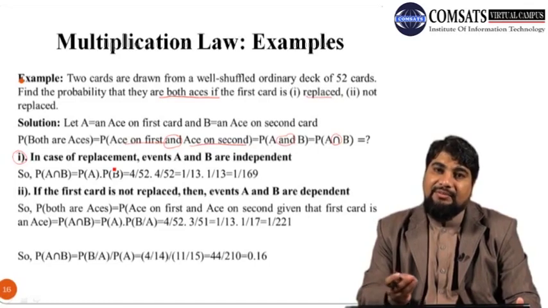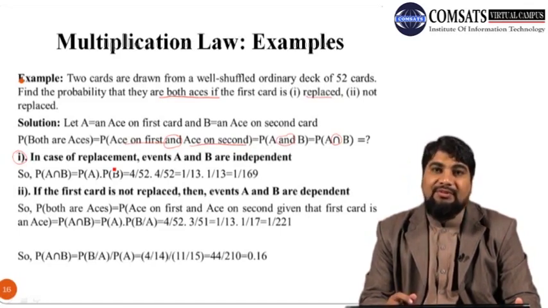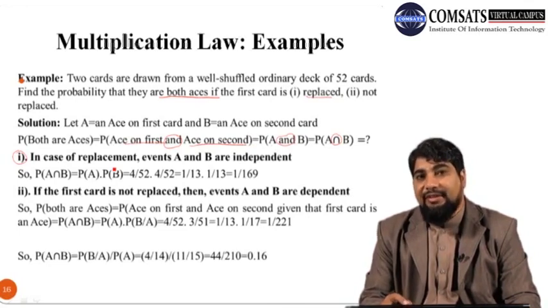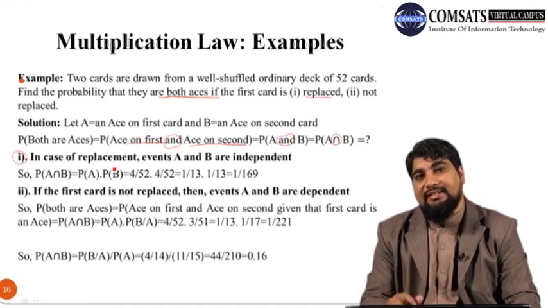But if we do not replace the first card, then our sample space will be reduced to 51 instead of 52. So if the card is not replaced, it will affect the probability of the second card.